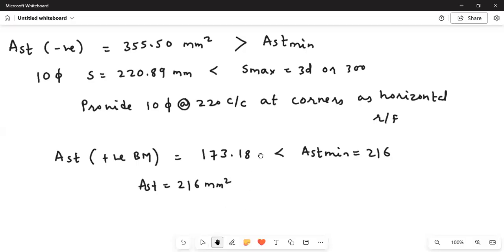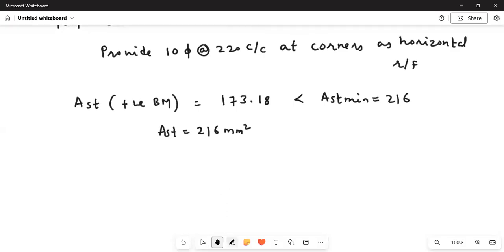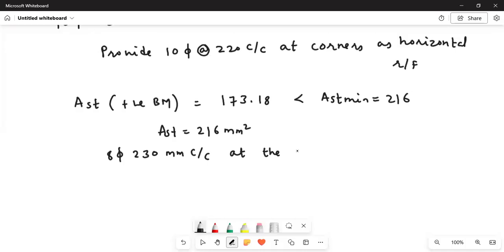Now I will assume 8 mm bar. The spacing I am getting is 230 mm center to center, and it has to be provided at the midspan.